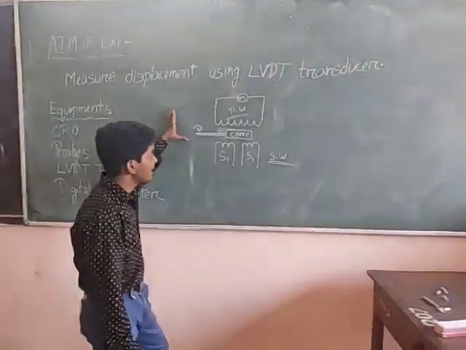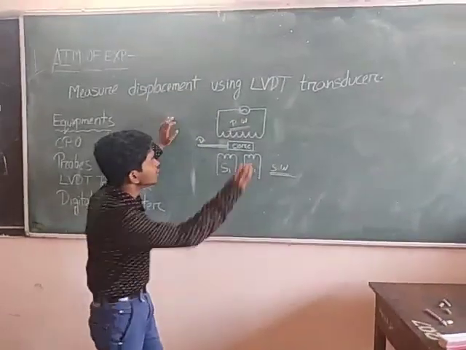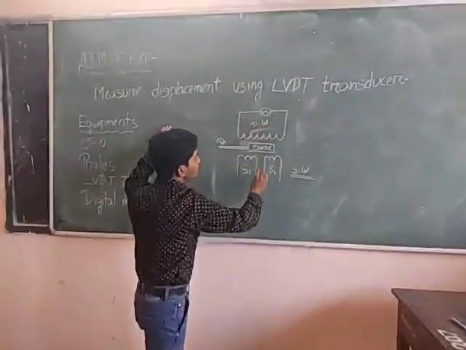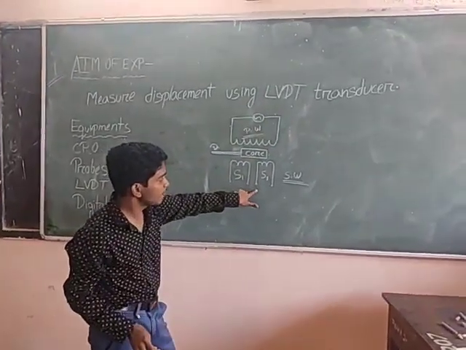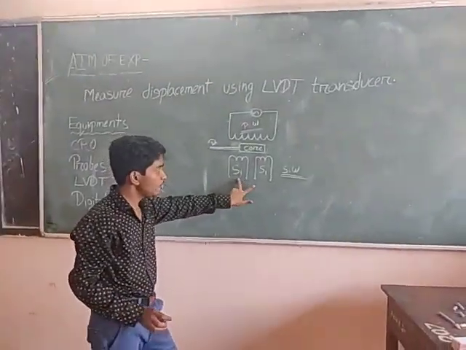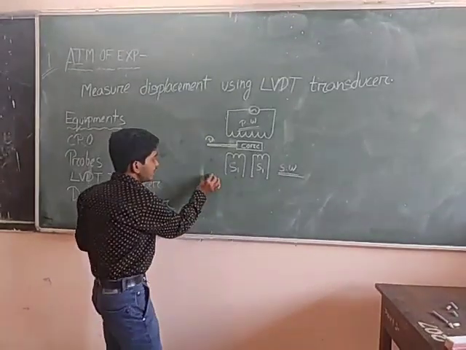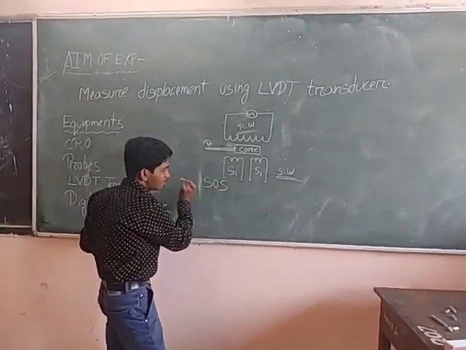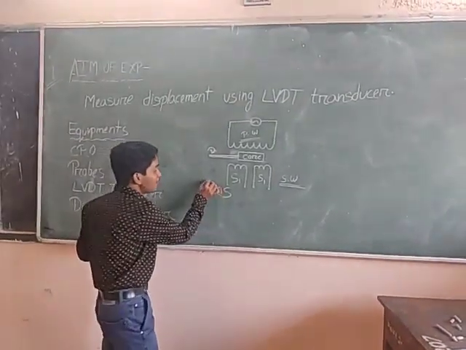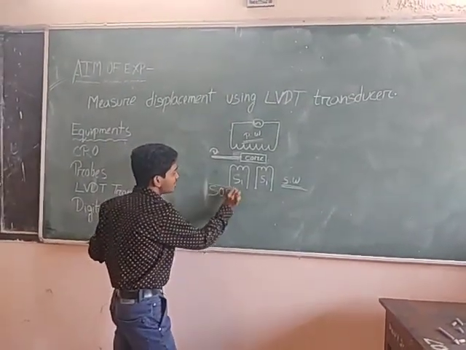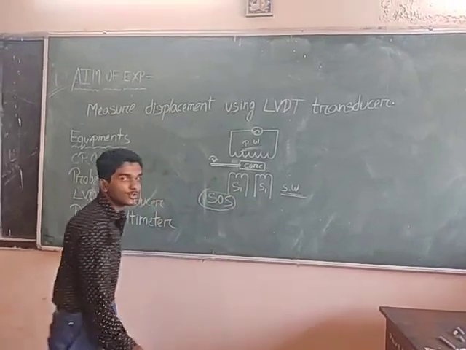Now come to the working principle of LVDT. This is the basic construction of LVDT. Here we give AC supply. These are two secondary windings. Between the two secondary windings, the connection is in SOS format. What is the full form of SOS? Sas or Sasur?